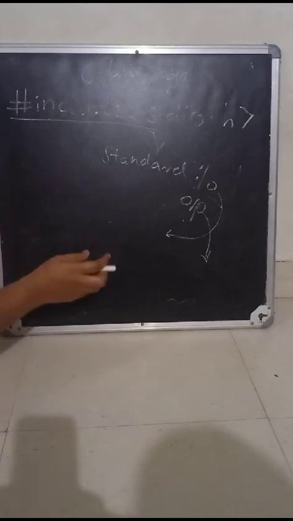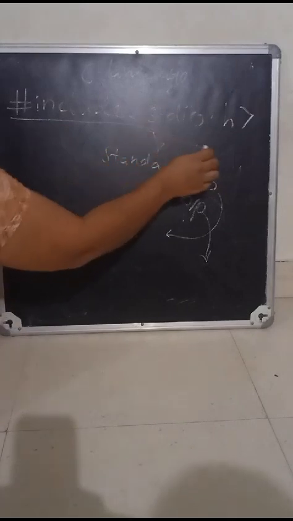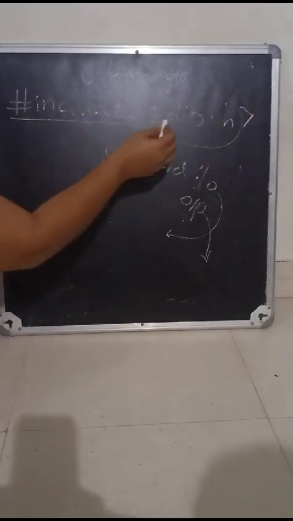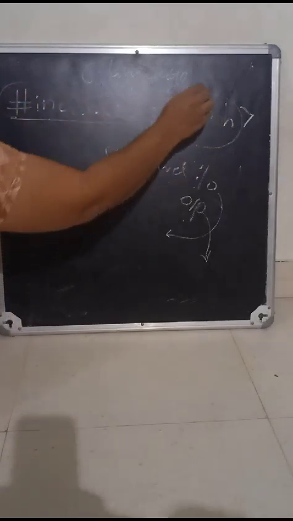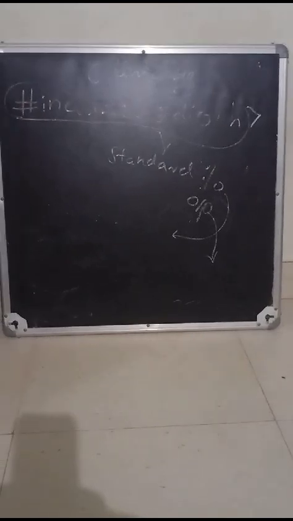So printf and scanf are predefined functions added in the library called stdio.h, which is called a header file. So for writing a program in C, the first thing I have to add is a header file.